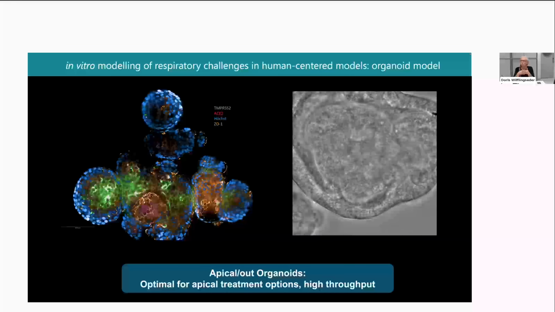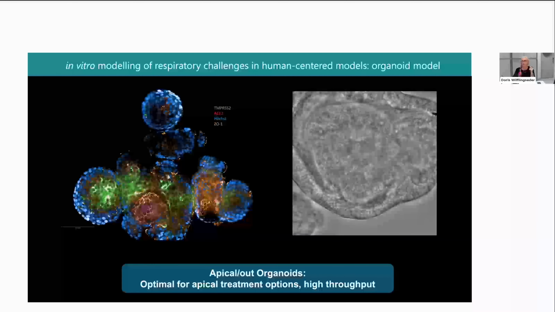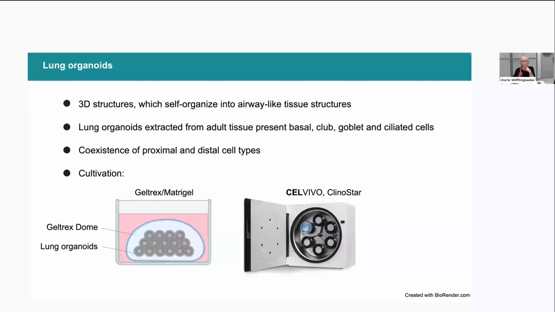And as you know, organoids are mostly cultured in gel matrices or Matrigel, which are derived from animal origin.